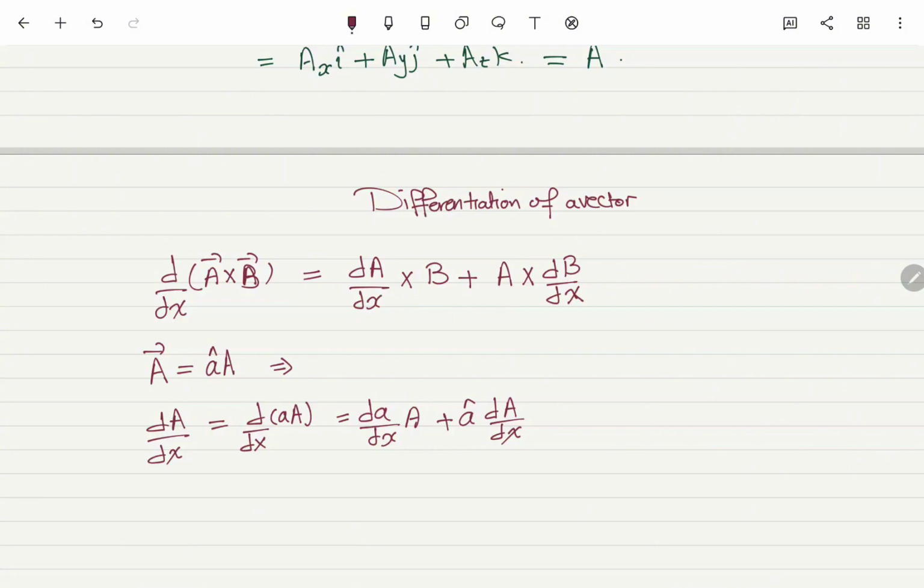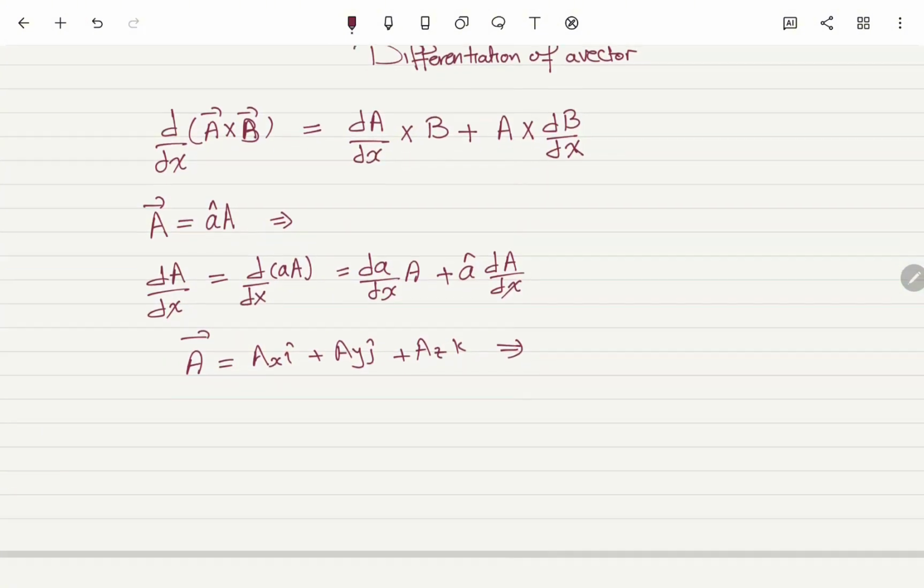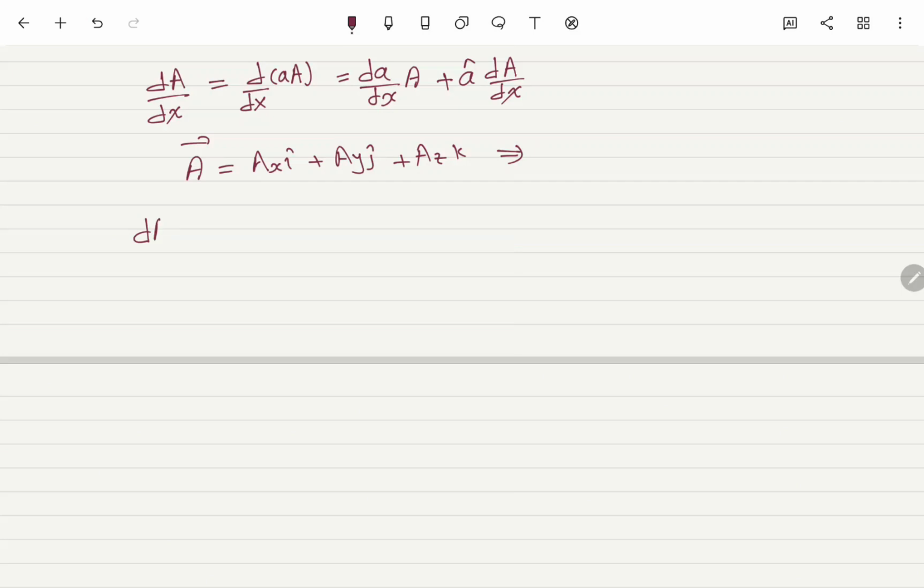So in the case of Cartesian coordinates, assuming that A as a vector is equal to Ax i plus Ay j plus Az k, in this case dA by dx is equal to dAx by dx i hat plus dAy by dy j hat plus dAz by dz k hat.